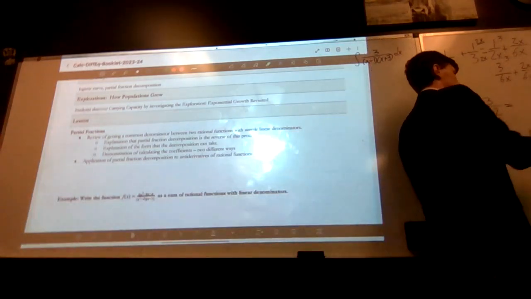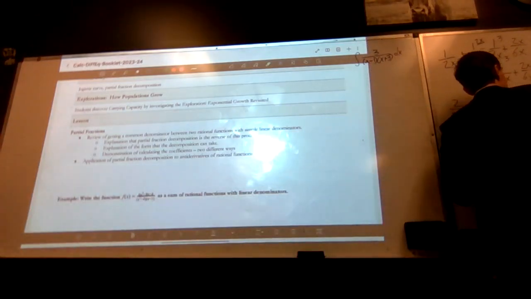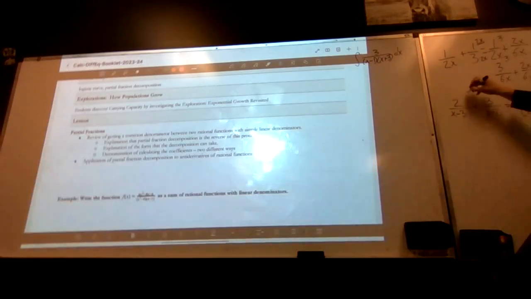Well, the easiest one is just x minus 3 times x minus 2. Over, what do we multiply this by? x minus 2. This we multiply by x minus 3. I would get 2x minus 4 plus 3x minus 9 to equal 5x minus 13 over x minus 3 times x minus 2.